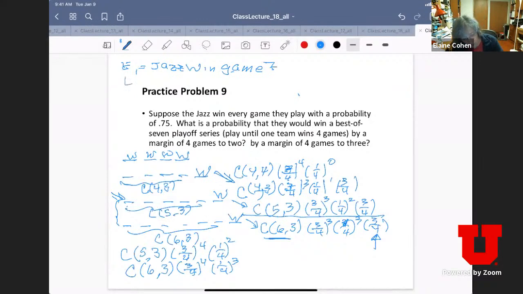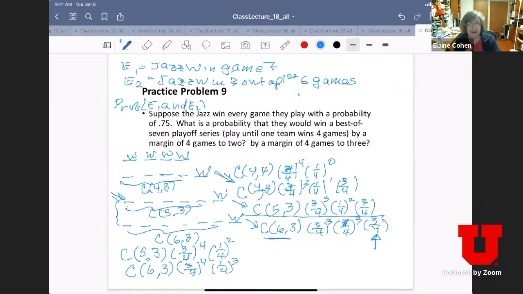And I'm going to give you an E2 that Jazz win 3 out of first 6 games. Now, if you remember the probability of E1 and E2, what is that?